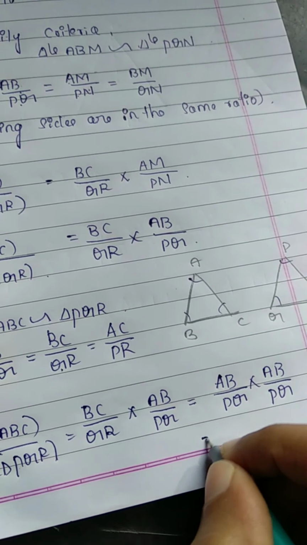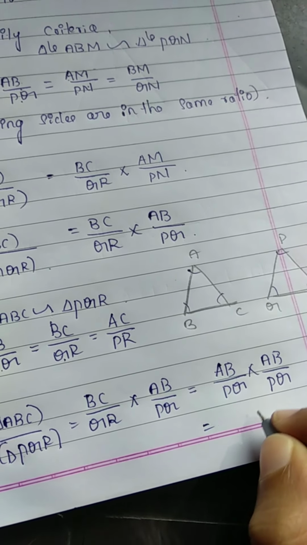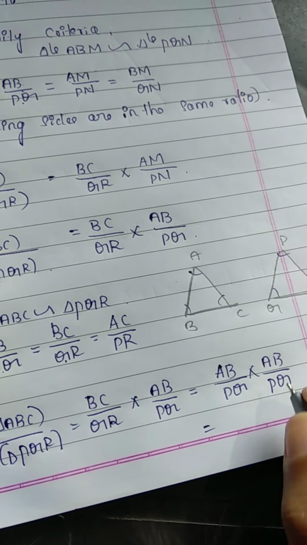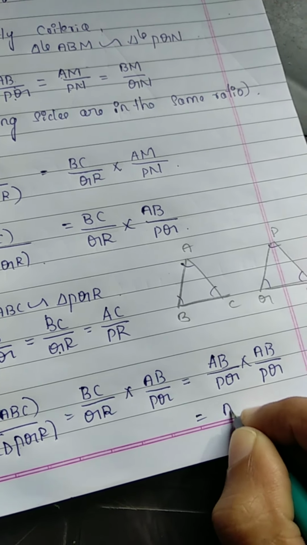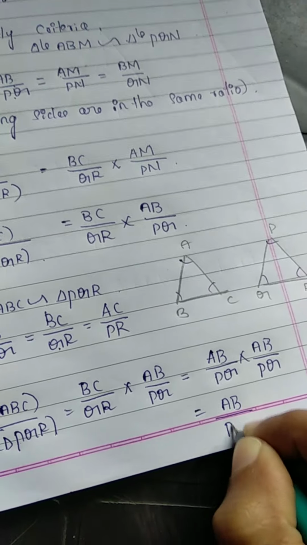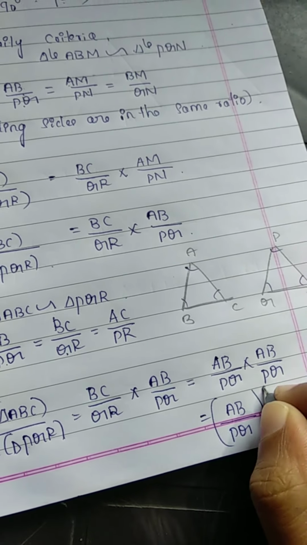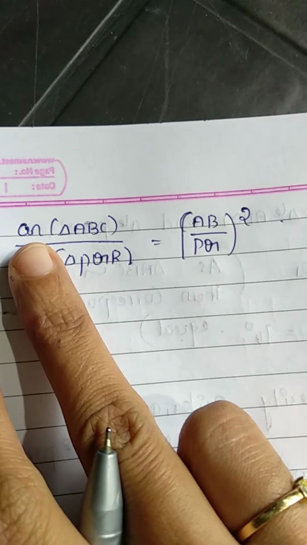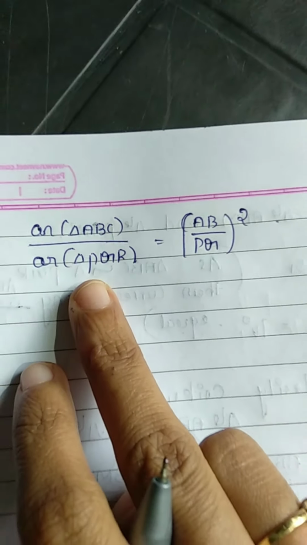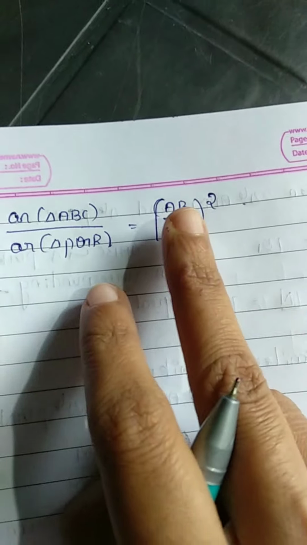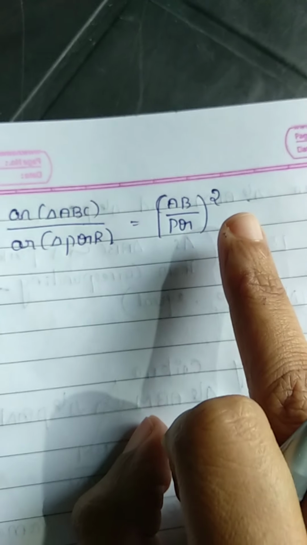So here AB into AB is AB square, PQ into PQ is PQ square. So I write AB by PQ whole square. Clear? Therefore, we prove area of triangle ABC by area of triangle PQR equals AB by PQ whole square.